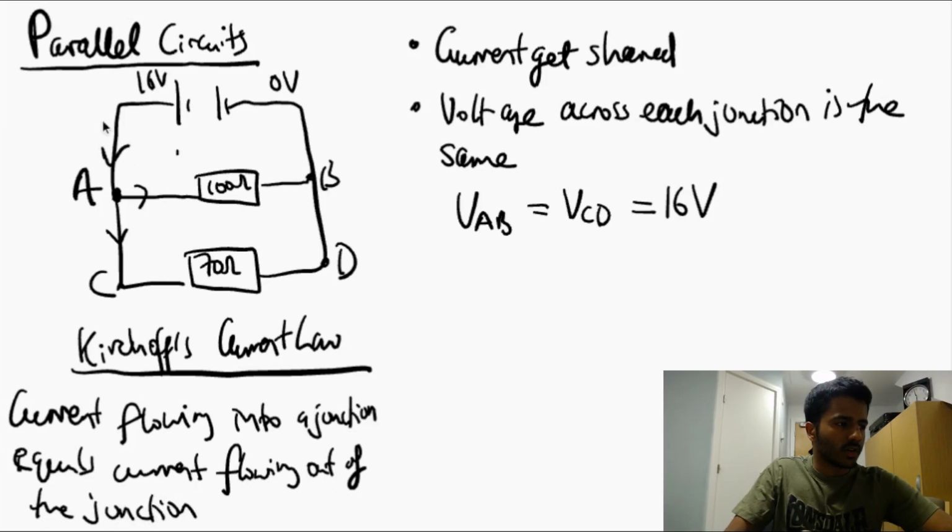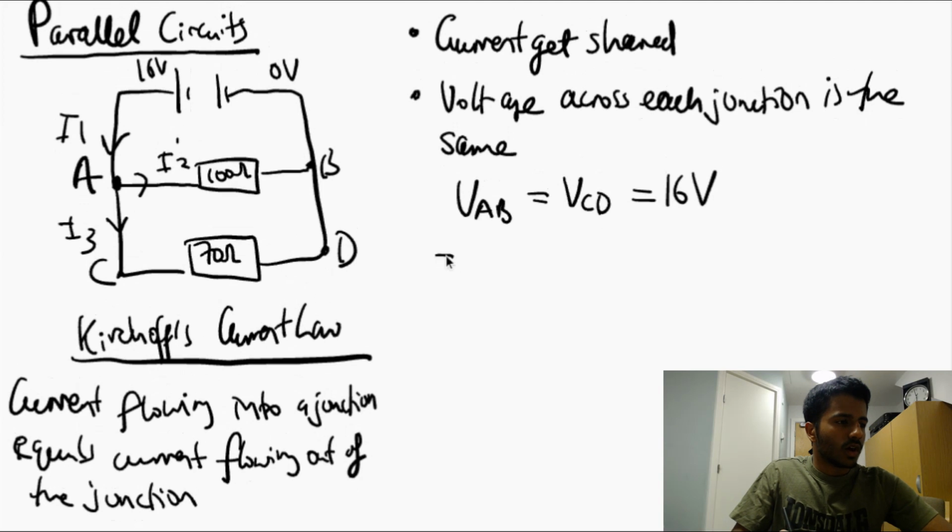So if I label this current here as I1 and the currents going through each individual branch as I2 and I3, we know that I1 is equal to I2 plus I3.